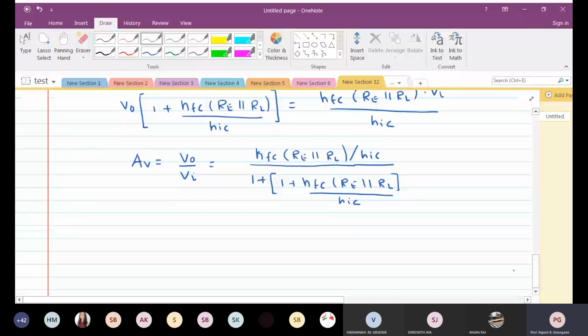Sir, in the denominator you have written 1 plus twice. Yes, sir. Okay, just let me do away with this. All right now. So what do you see here? HIC will cancel, but HFC into RE parallel RL is one term.